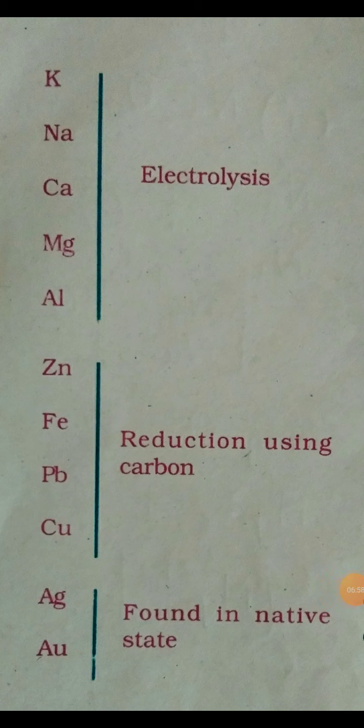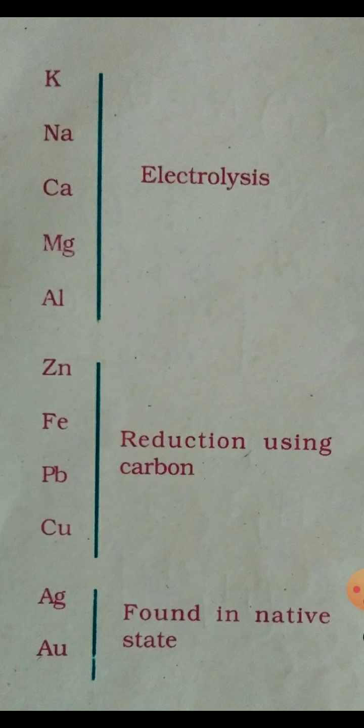On the basis of reactivity, we can group the metals into three categories. You can see in the figure. The first category is metals of low reactivity. Second, metals of medium reactivity. And third, metals of high reactivity. Metals of low reactivity are silver and gold.